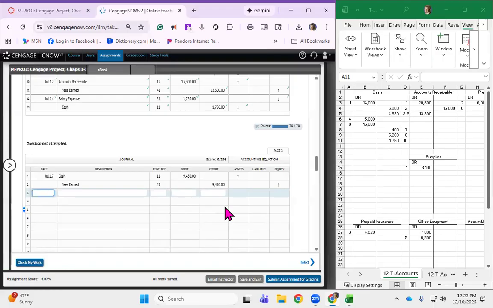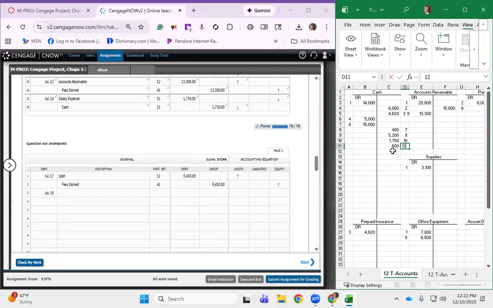Okay, now we're ready for our next date. The date is July 18th. Okay, July 18th, we're going to pay cash for supplies. Okay, and this is number 12. So pay cash for supplies. Down goes cash for $600.